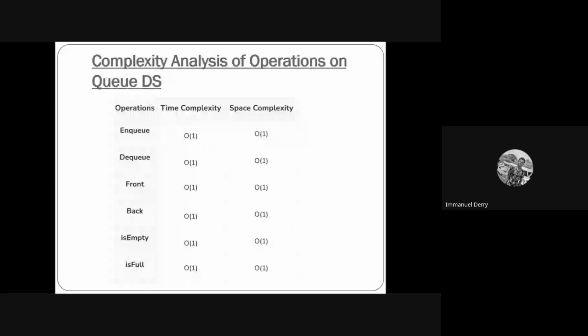And for the queue data structure, the basic operations have the following time complexity and space complexity analysis. For enqueue, dequeue, front, back, is empty and is full, all of them have a big O notation of 1, which basically means that it's a constant time operation.